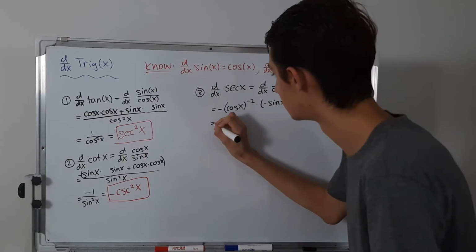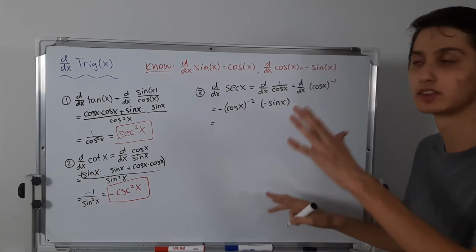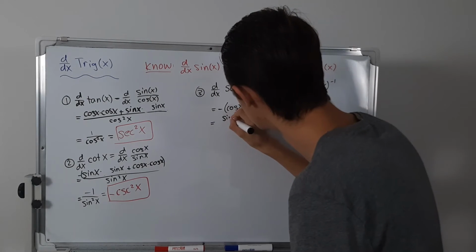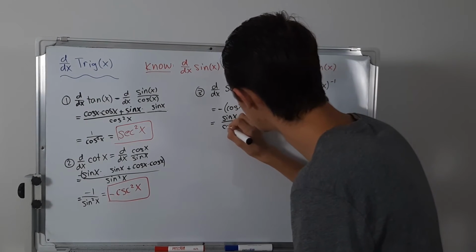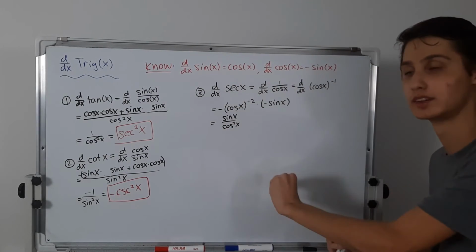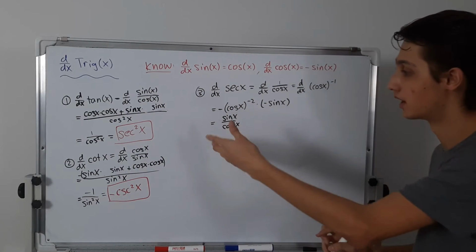So what we have here is this negative and that negative cancel, so we're done with negatives. We have the sine x on the top, and then a cosine squared on the bottom, because this was to the -2. We're moving it to the bottom, still two of them, but it's on the bottom.